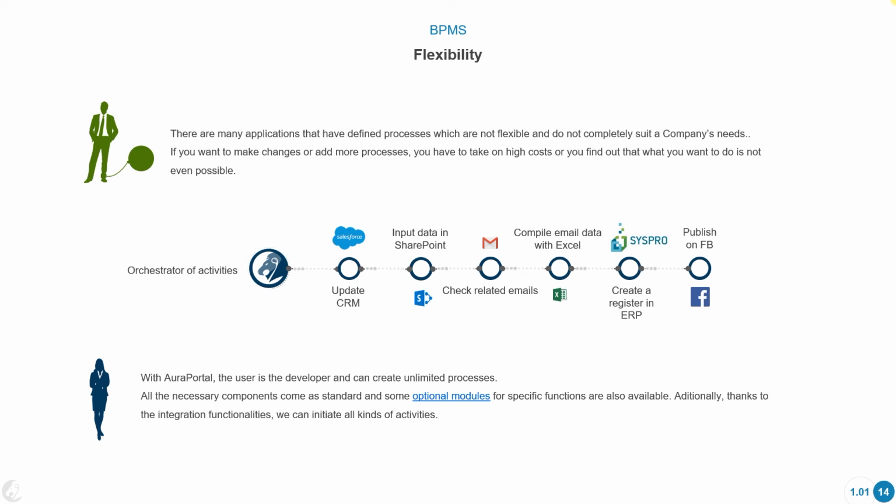And then there's some optional models for specific functions that are also available. These are additional because maybe some companies or most companies don't need them. For example, maybe there's an additional model called multi-language that allows you to design processes that can be used in different languages. So these are additional models, but practically everything is available in the core product.